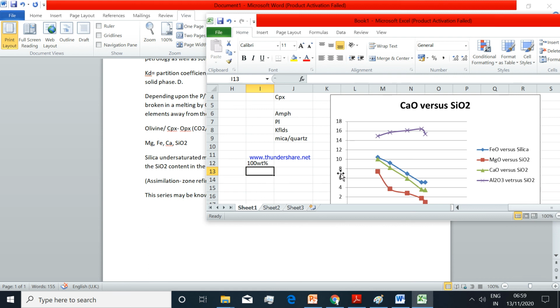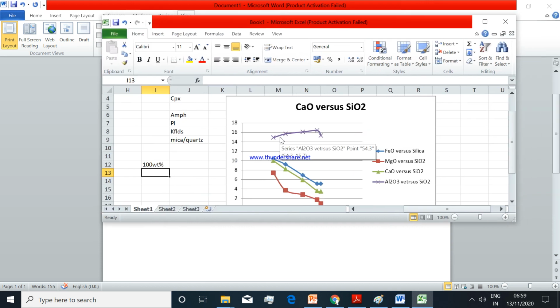Whenever we get it in terms of 100 weight %, obviously because there were no aluminum oxide-bearing phases at the base of the rock, and the aluminum oxide was getting much more enriched inside the rock, the aluminum oxide concentration after the basaltic crystallization will be much increased.